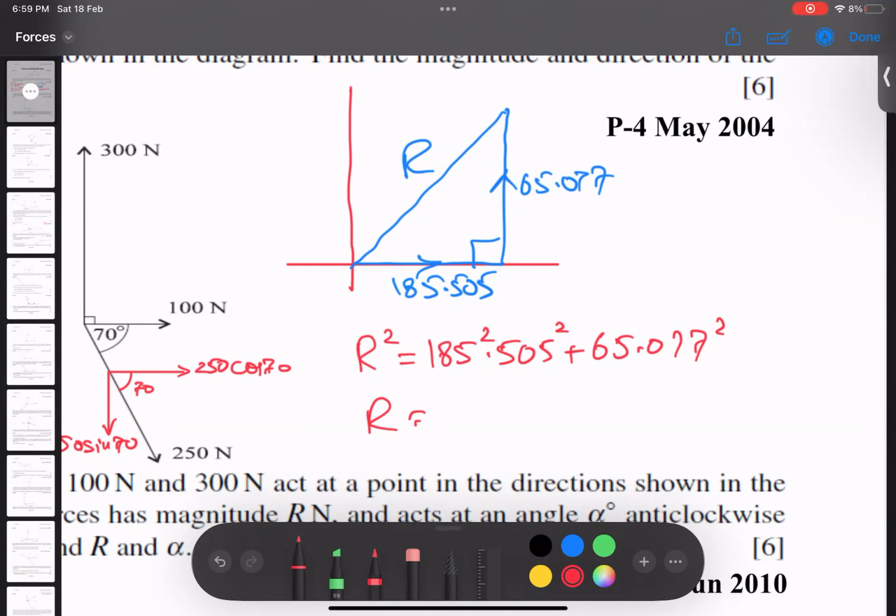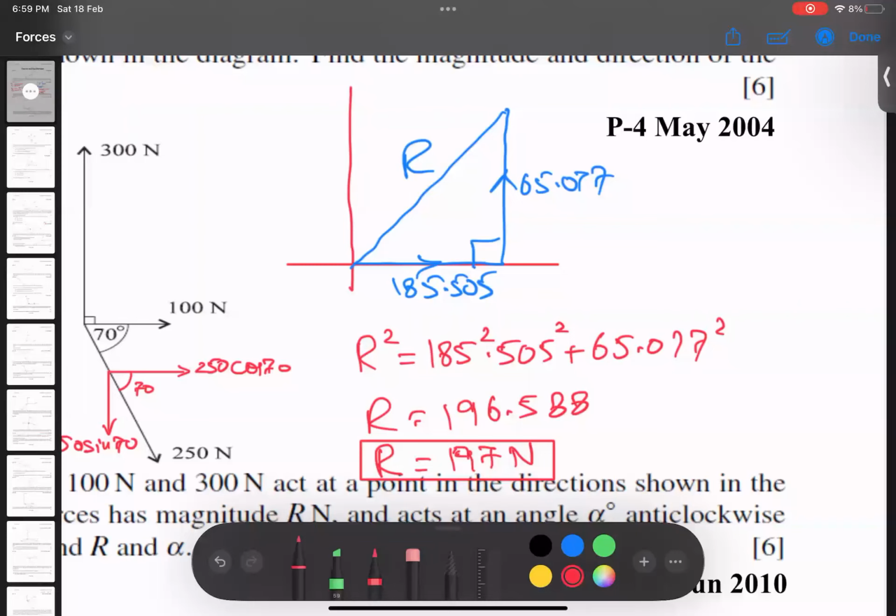My answer is 196.588. But we write 3 SF, so 197. So 197 newtons is my final answer for the resultant.